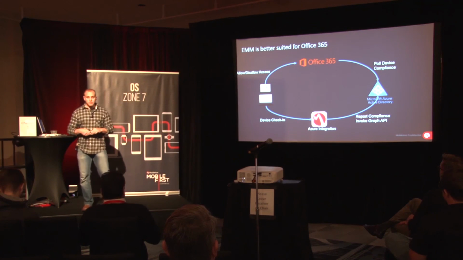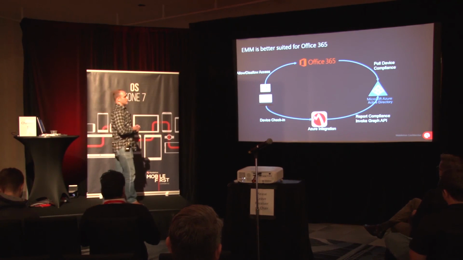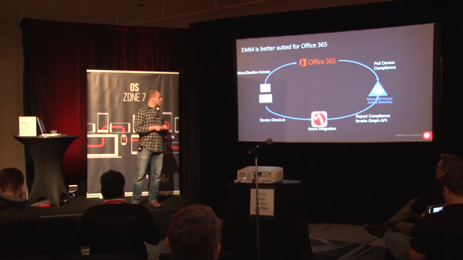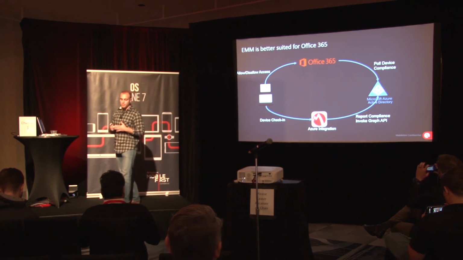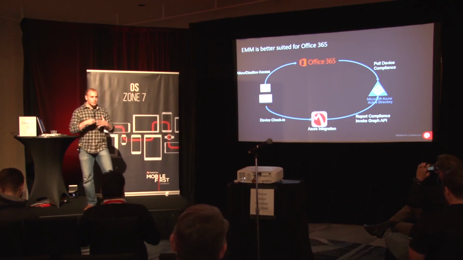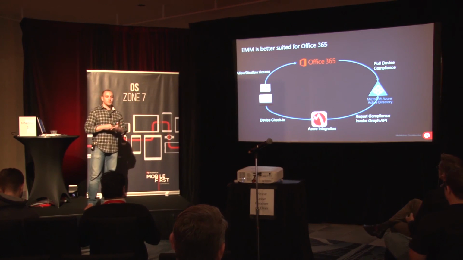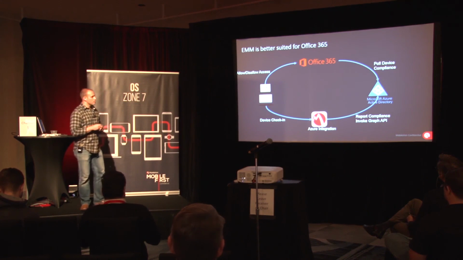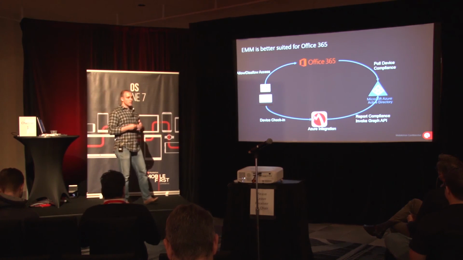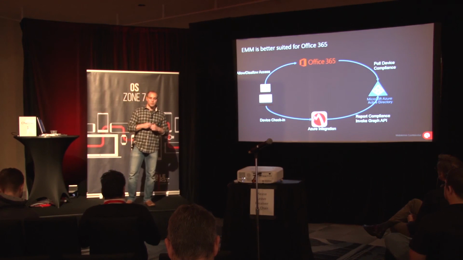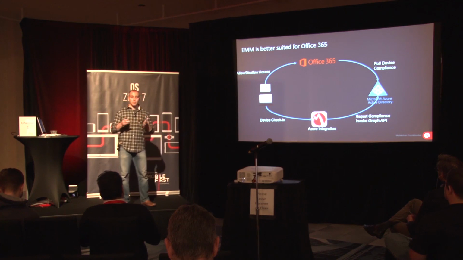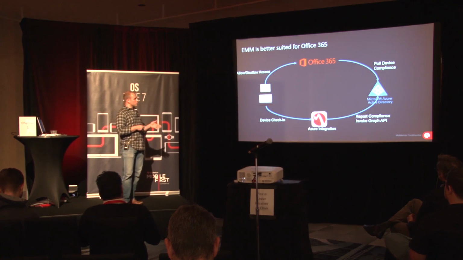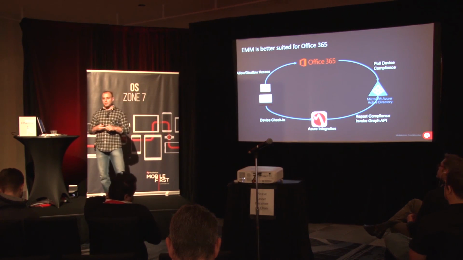And if you're migrating to Office 365, a topic that's near and dear to my heart, it just makes it easier to do Azure Active Directory. So EMM is the better approach for Office 365. SCCM doesn't have the integration for things like compliance actions based off of my device. If the device is compliant or not, MobileIron has an integration with Azure Active Directory to report that compliance.